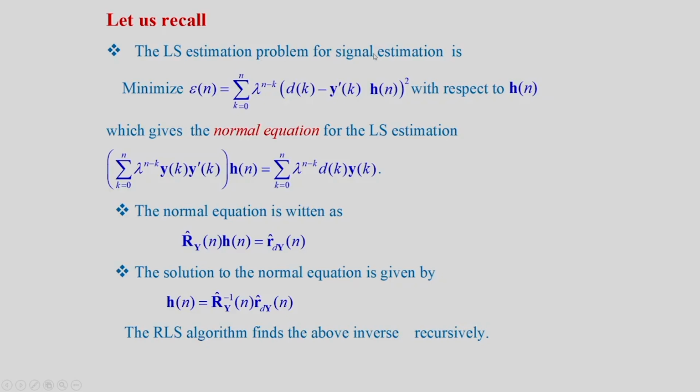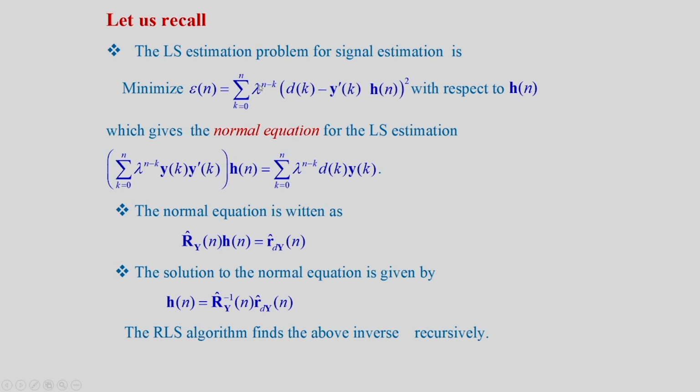Let us recall the LS estimation problem for signal estimation by adaptive filter. This is the problem: minimize the weighted sum square error given by summation lambda to the power n minus k into (dk minus y transpose k into hn) whole square, k going from 0 to n, with respect to the filter parameter hn.